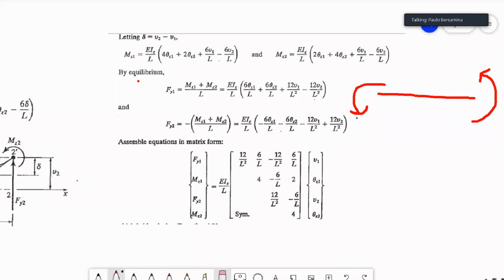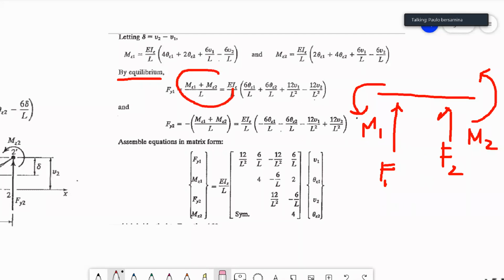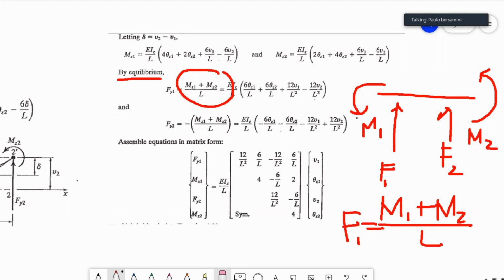Just by equilibrium. Say this is M1, this is M2. If you want to find F1 and F2, that is simply this equation: M1 plus M2 over L. So that's your F1.